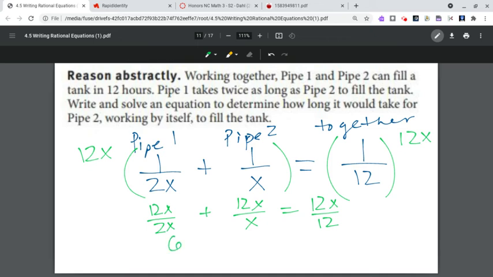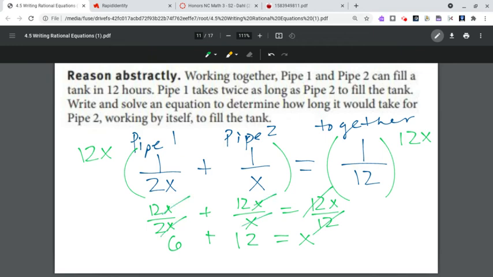The X's would cancel. Plus 12X over X would reduce to just 12 equals X. The 12s would cancel. Here, here, these canceled, and then the X's canceled.